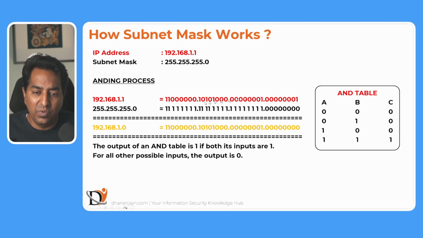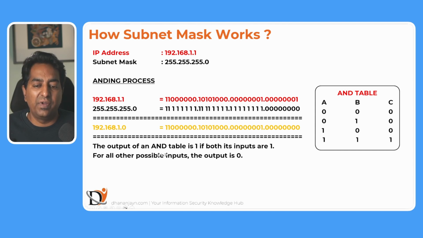So here if you look at the ANDing process, here it is 1, this is again 1, that's the reason the output is 1. But in other cases wherever there is a 0 and 1, the output is 0. So friends, this is how we calculate the network ID by ANDing the IP address and the subnet mask. This is the way you can calculate the network ID of an IP looking at its subnet mask.